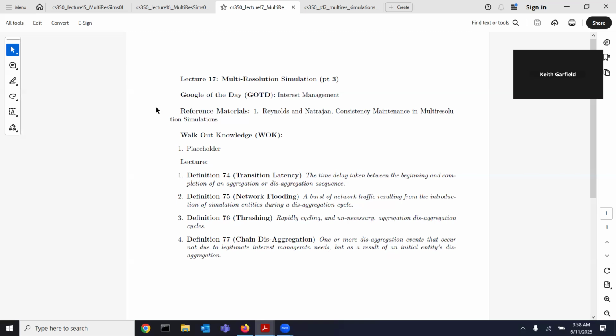Now I'm here and I'm out, so I aggregate, but then I come into this one, so I disaggregate. Then I move a little further and I'm out, so I aggregate, right? So just the fact that you are moving through the map, you may accidentally come into situations where you have to aggregate and then disaggregate, aggregate, disaggregate. And again, that's a form of thrashing. Thrashing is a generic term. Anytime you're doing rapid cycling back and forth with something, that's called thrashing.